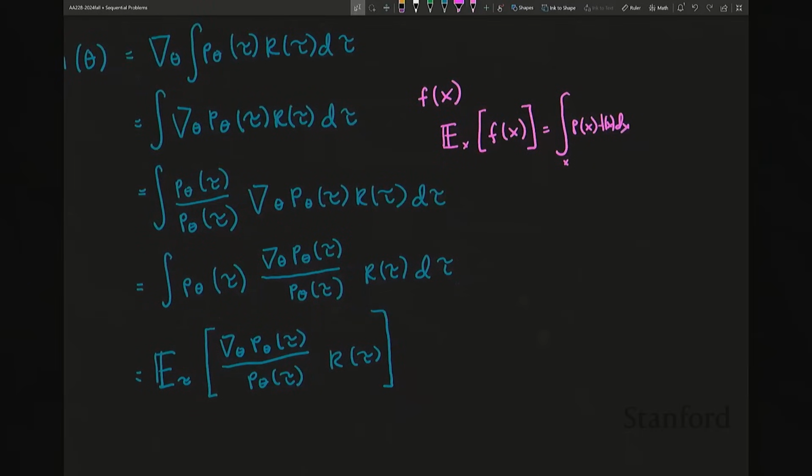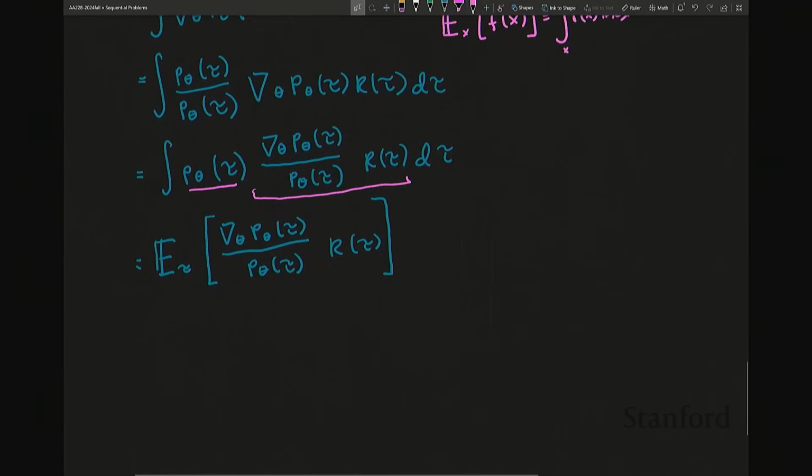And so we can map that form onto here where this would be the probability, and then this would be f of tau. P of tau, f of tau, and then we can write that as the expectation over this f of tau. Okay, sweet.